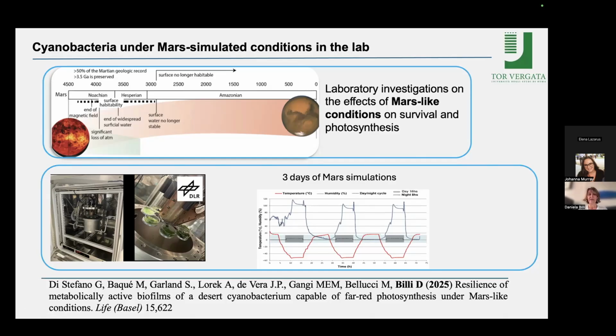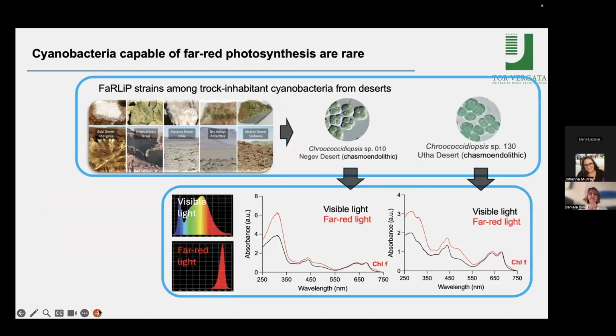What is happening is that the low pressure will induce desiccation, so the photosynthesis will quickly disappear. But when we rehydrated the cyanobacteria after recovering them from the Mars simulation, they were still alive.